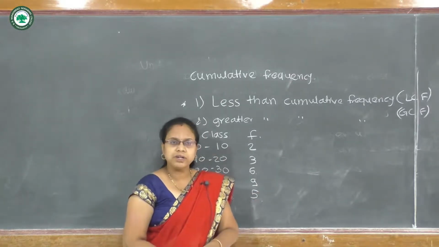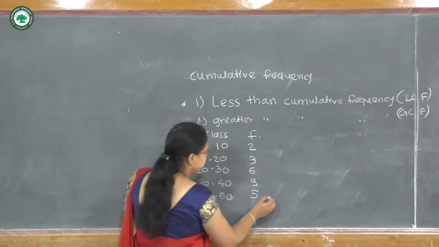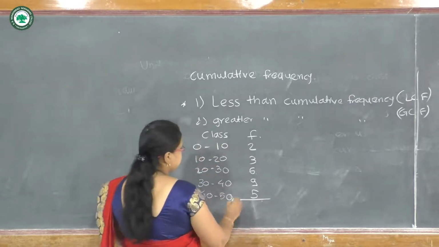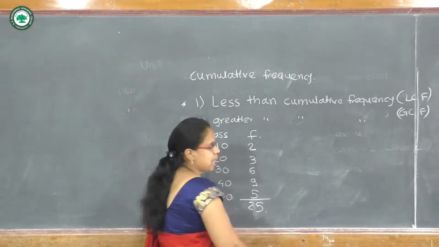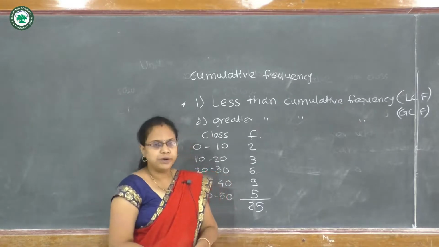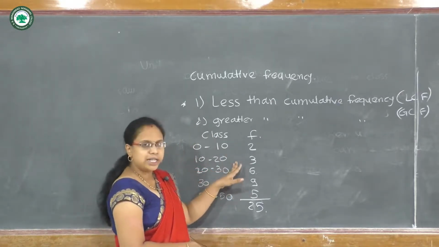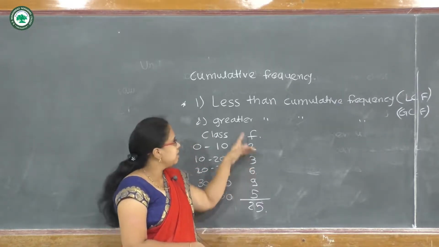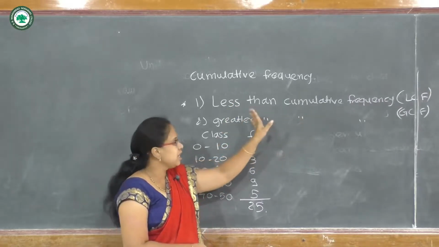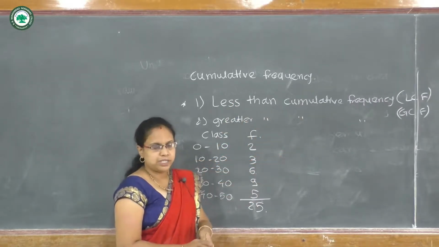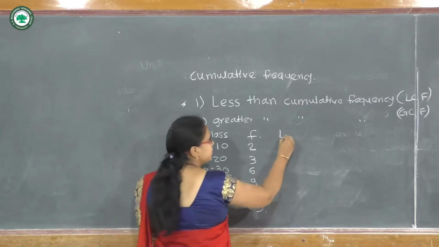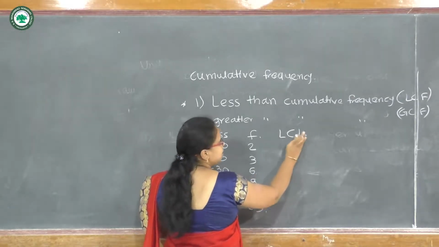Suppose this is the given frequency distribution and number of students are 25. So this is the given data and we want to obtain the less than cumulative frequency and greater than cumulative frequency. So let's see one by one. First LCF.